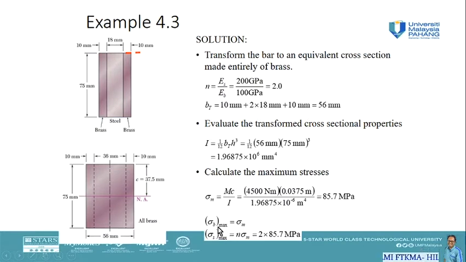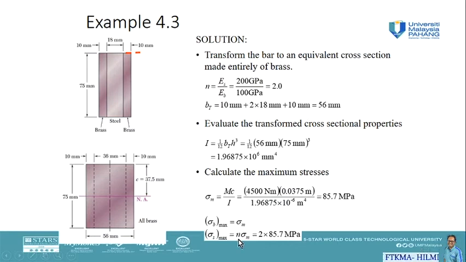So the maximum stress for the brass would be equal to the maximum stress of the transform section, which is 85.7 megapascal. But how about the steel? The maximum stress for the steel will be the maximum stress of the transform section multiplied with the value of n.